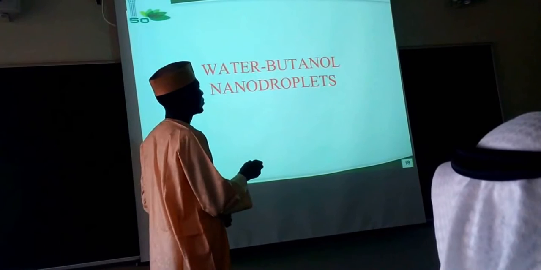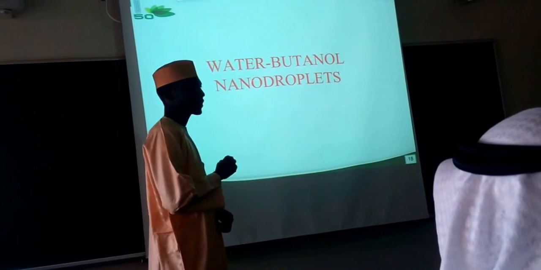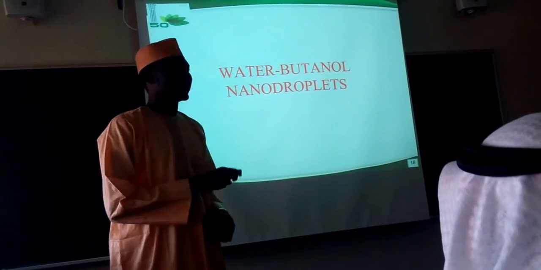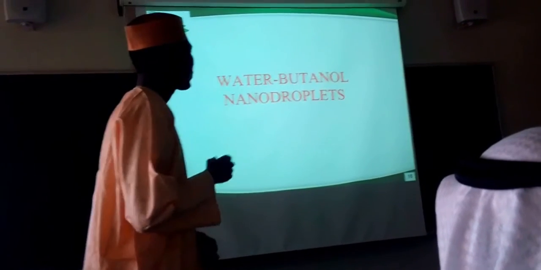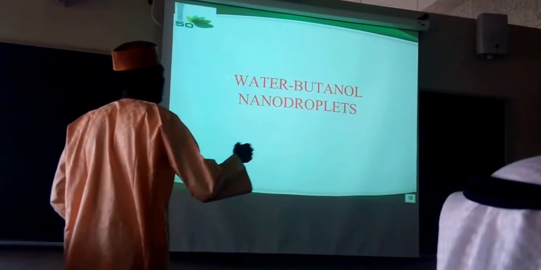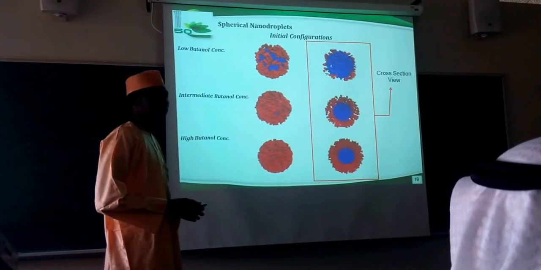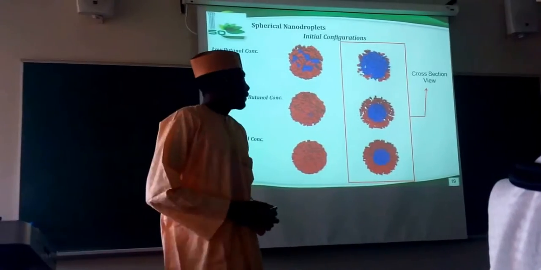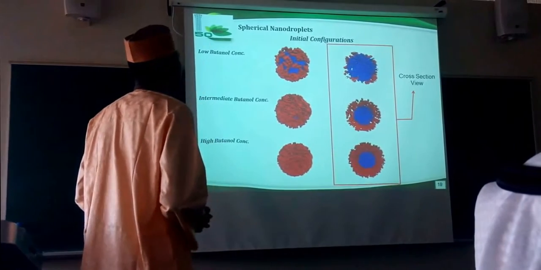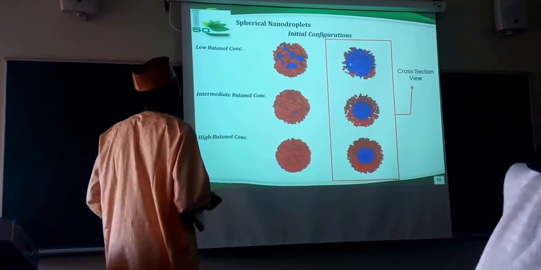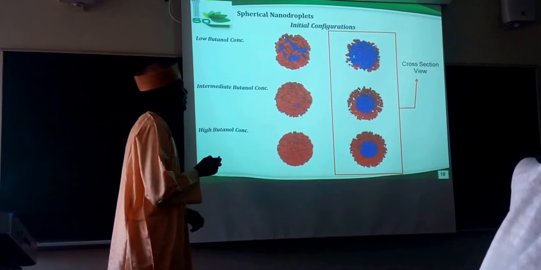Initially, we just calculated macroscopic observables, the quantities we need: solubility, surface tension, and others. Now, this is where we start the studies of the structures. We configured our system such that a water-rich core is at the center, enshrined by a butanol layer.